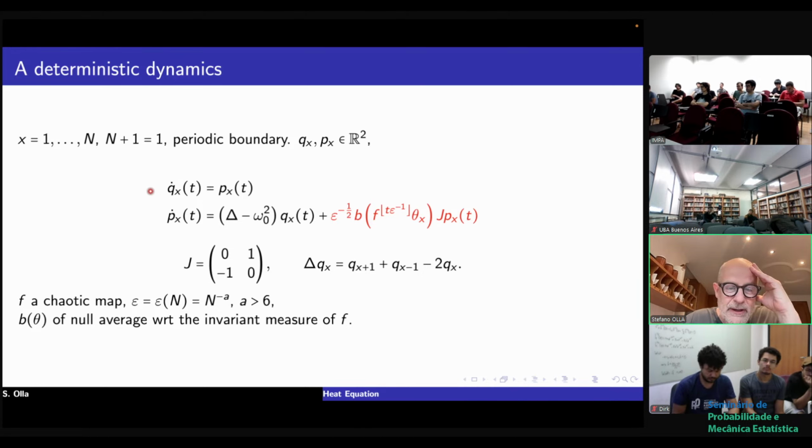So we have the Hamiltonian dynamics in black, linear. There is a pinning potential, where omega 0 squared is the strength of the pinning potential. This Laplacian represents the harmonic interaction with the nearest neighbor. This Laplacian is a discrete Laplacian over X. So this will be just the linear dynamics, which will not have a heat equation hydrodynamically, because the deterministic dynamics without anything else is completely integrable, with infinitely many conserved quantities.